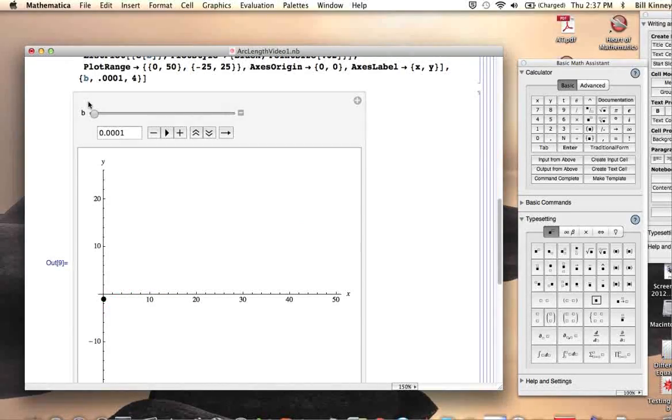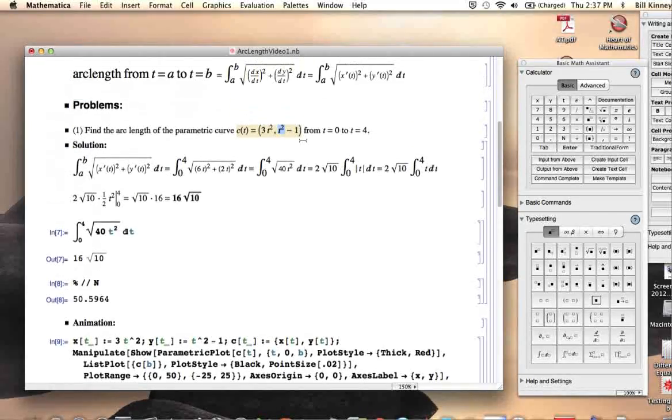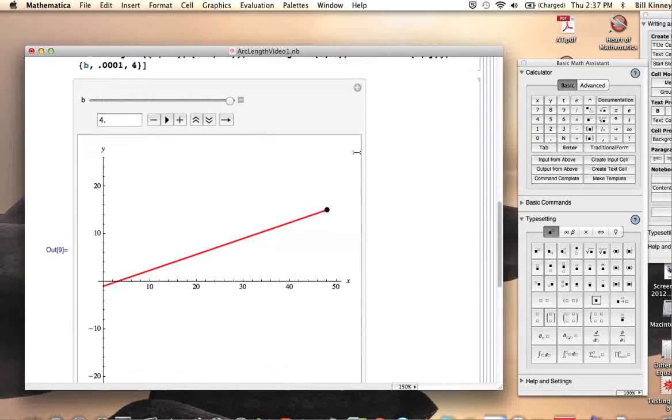But because those are nonlinear coordinates, this is not a constant speed. Anyway, it is straight, and in fact we can calculate the beginning point at the point 0, -1 here, and the ending point when t is 4, let's see, we're going to be at the point 4 squared times 3, 4 squared is 16 times 3 is 48, and then 15. The point 48, 15 is the ending point.